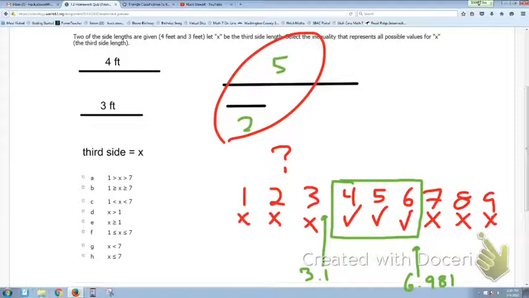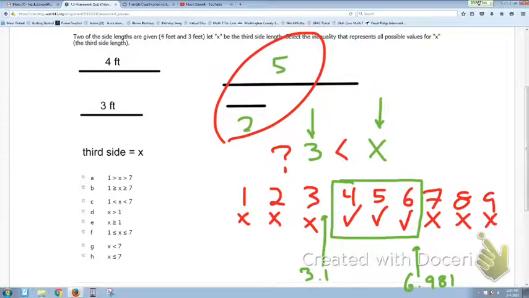So the question is, okay, how do I show, if x were the third side length, all possible combinations? You look at this and think, okay, 3 is that point where it couldn't be 3, but anything bigger than 3. So x could be anything larger than 3.